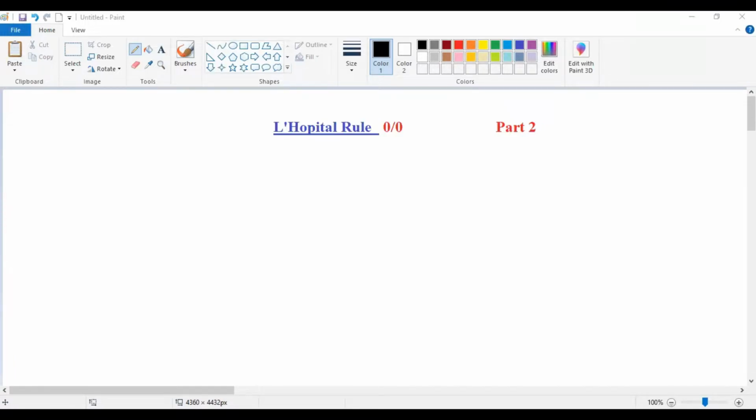So if we have the limit as x approaches 0 of sine 3x over x, clearly this is sine 0 over 0, so that means I have a 0 over 0. Now to find the limit of this one, it is equal to the limit as x approaches 0.